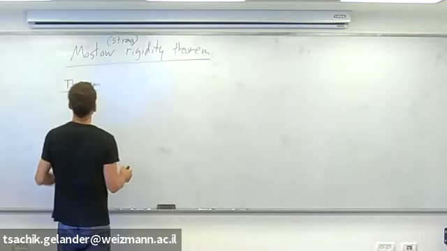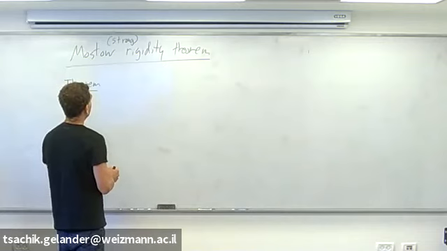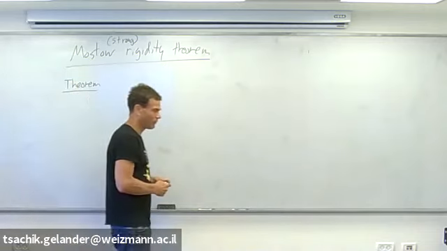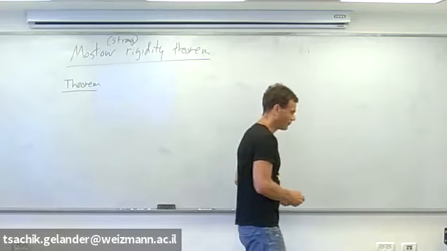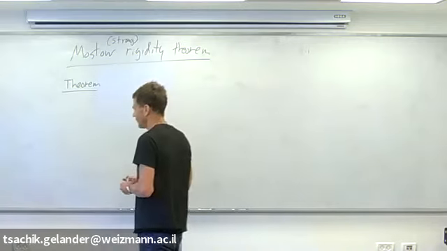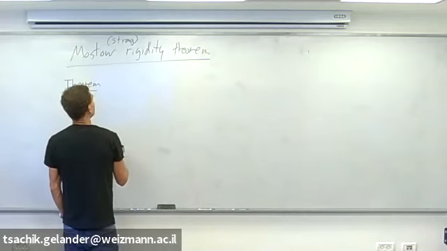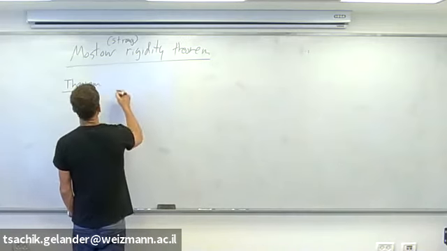So the theorem of Mostow is the following. Let me say it in a very general case. Some of the cases are not due to Mostow, but to others. So this is the theorem.